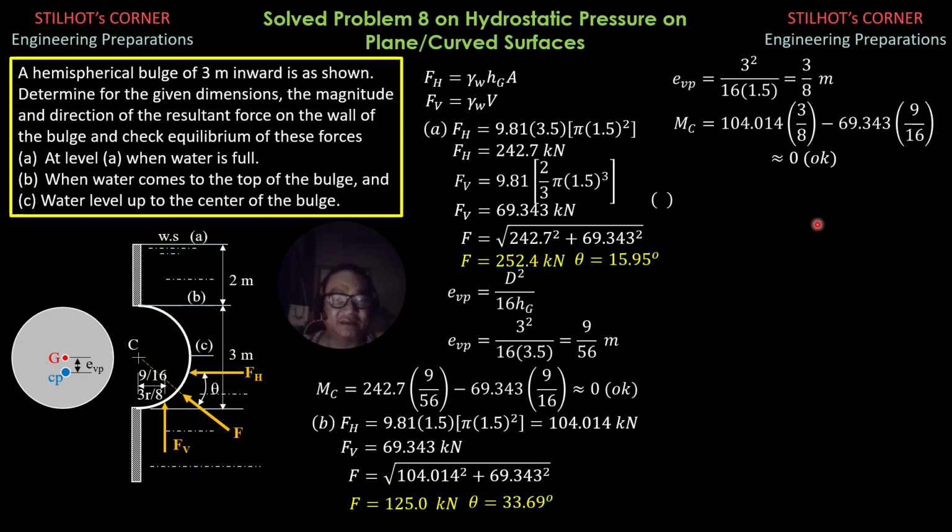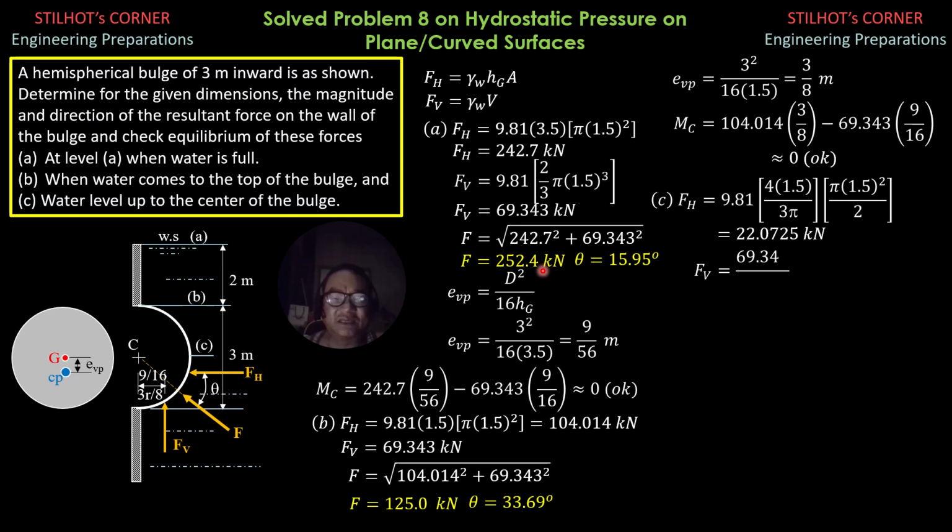And finally, part C, FH is 9.81 times 4 times 1.5 over 3 pi times area pi r square over 2, area of semicircle, and that's 22.0725 kilonewtons. FV is now half of 69.343, and that's 34.6715 kilonewtons.